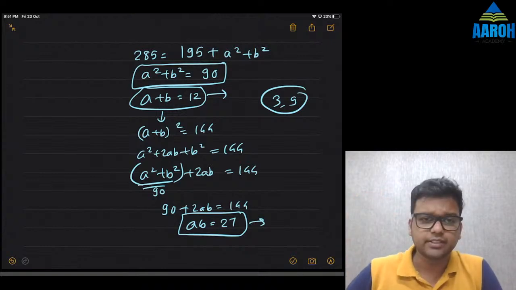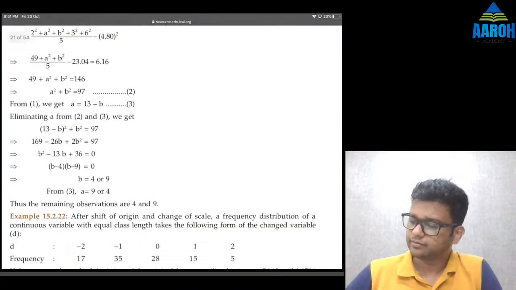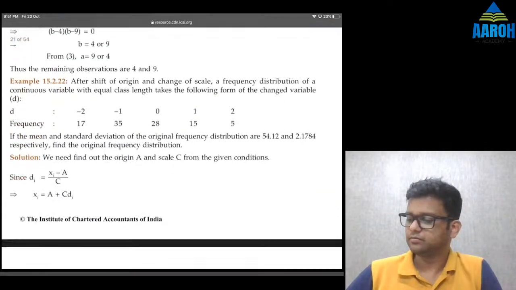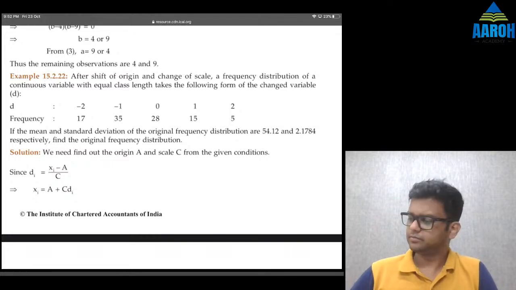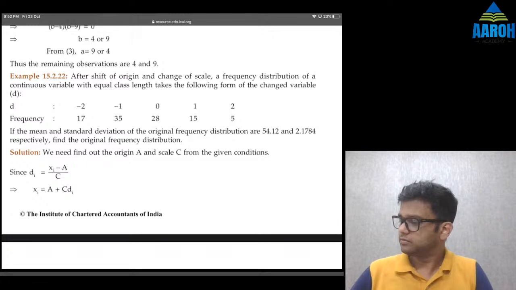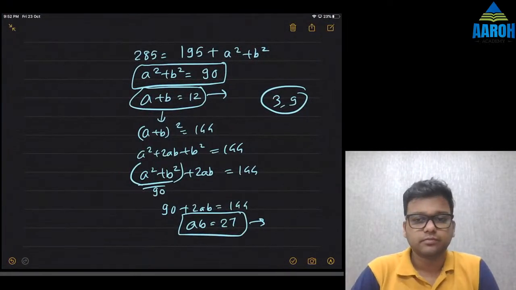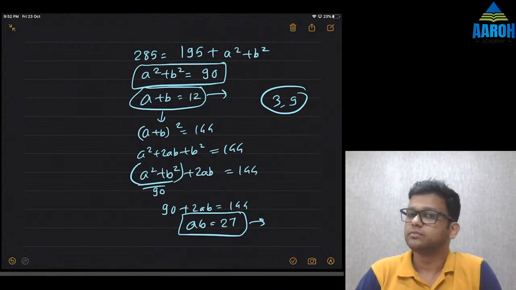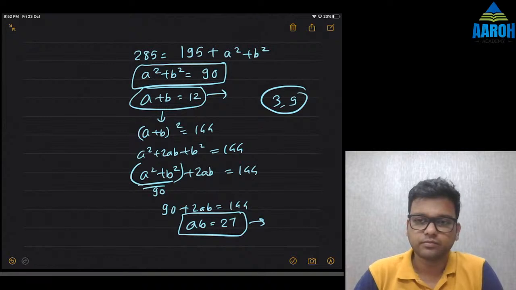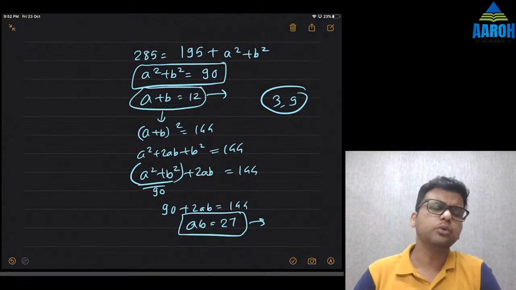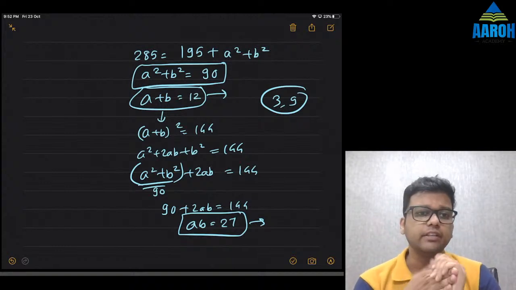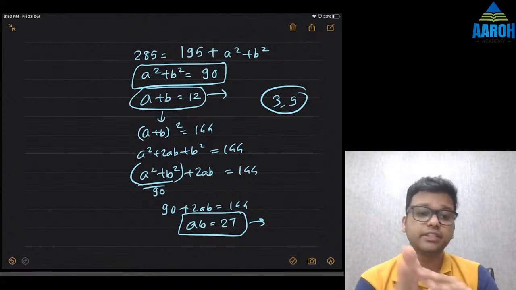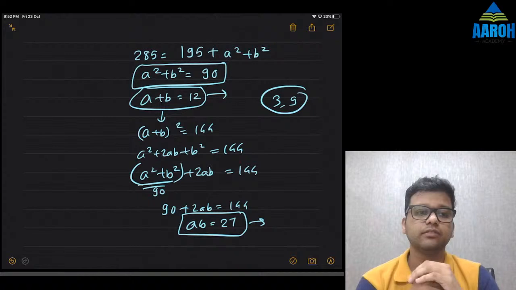Let me know if everyone is clear with this. Has everyone got 3 and 9? Have you got 3 and 9? Good. If yes, then we'll go to the last question for today, which is a very complicated question. The next one, 22nd one. Very complicated question. If everyone is done with this, let me know. Then we'll go to that question.